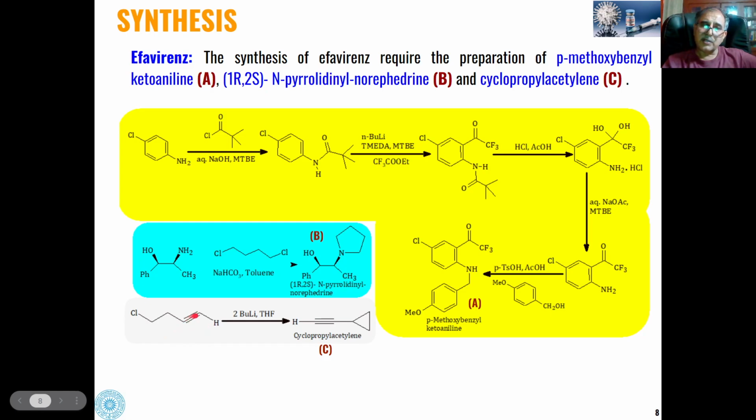This will attract electron density towards itself, thereby this carbon will become an electrophilic carbon, and then cyclization through removal of this halogen will take place to generate cyclopropyl acetylene as the product. So this is how all the three reactants required for the synthesis of efavirenz are prepared.